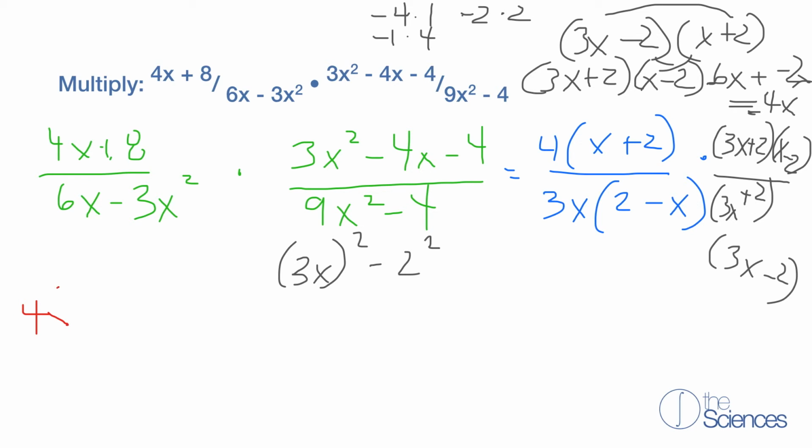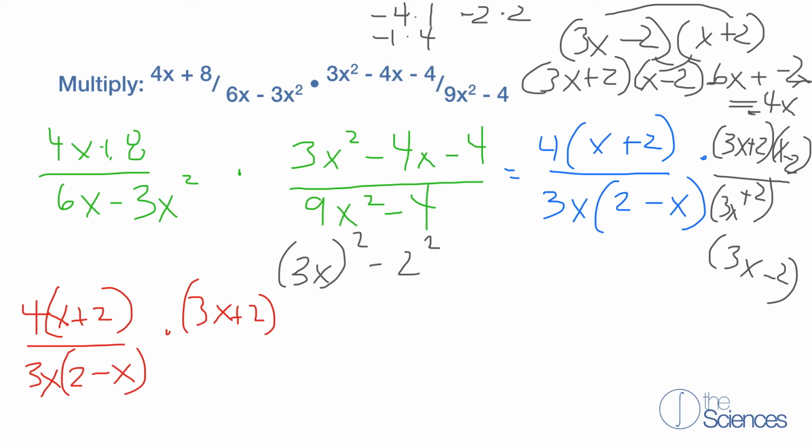4 times x plus 2 times 3x, 2 minus x, times 3x plus 2 times x minus 2, divided by 3x plus 2 times 3x minus 2.